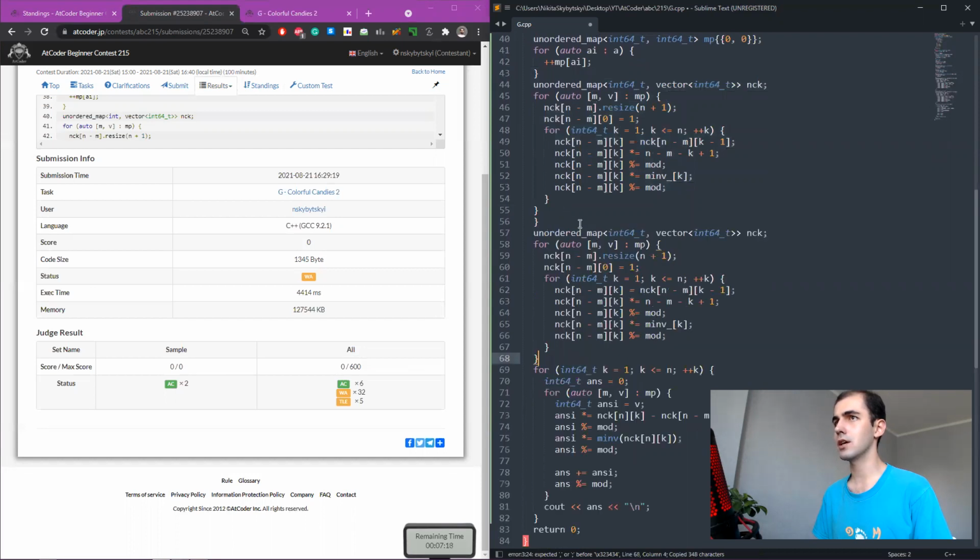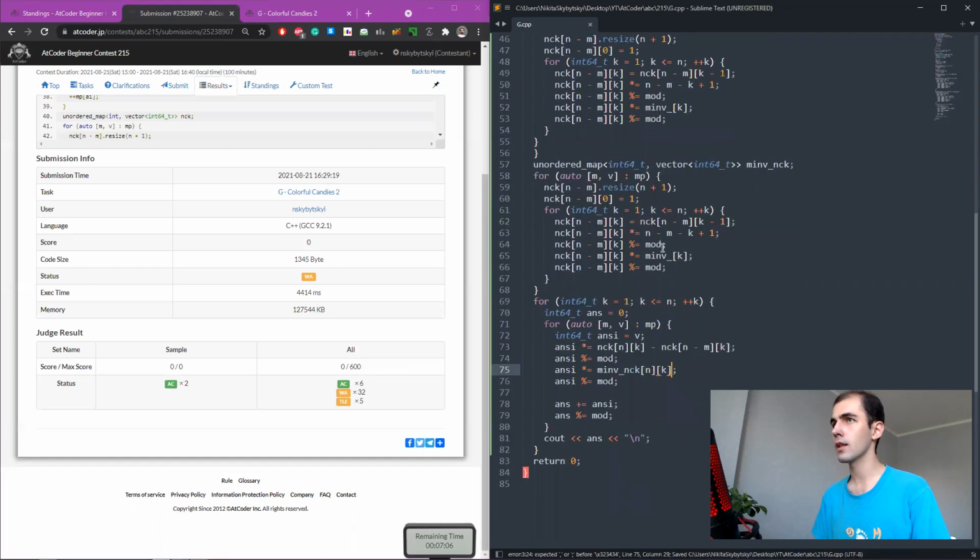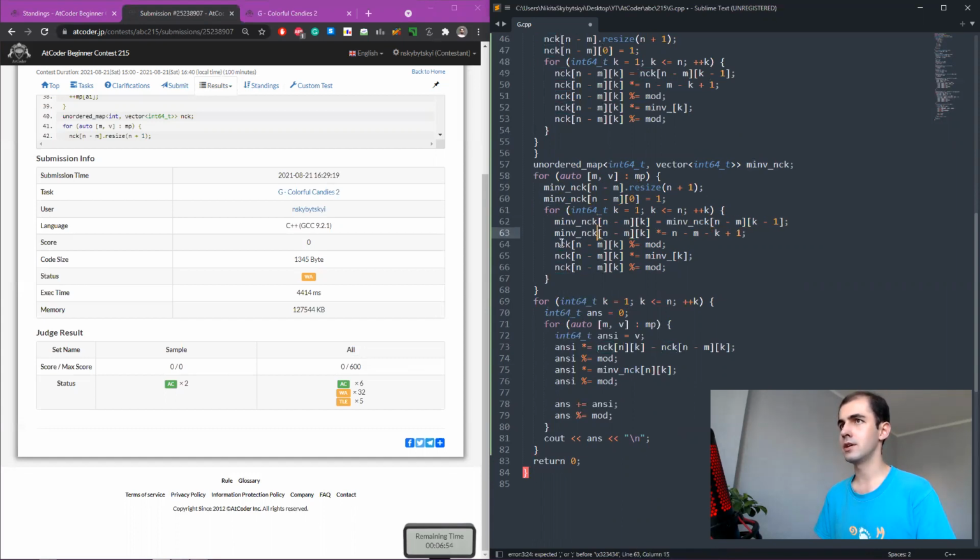Here NCK, we should actually also have minv NCK, with the idea that we access it here. Minv NCK will work as follows. So originally it's still 0, but then it starts with the same value, but this should be turned around. So instead of multiplying by the inverse of that, we'll multiply by the inverse of that, and instead take this.